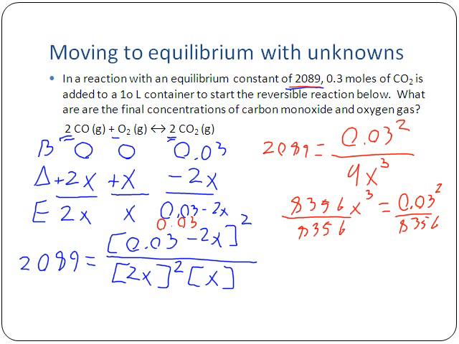And so when we do that, we say 0.03 squared divided by 8356, and I get that x cubed is equal to 1.08 times 10 to the negative 7th. And then I have to take the cube root of that, so raise it to the 1/3 power, or just take the cube root if your calculator does that.